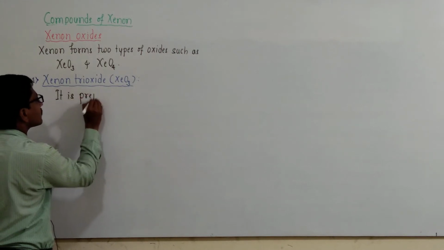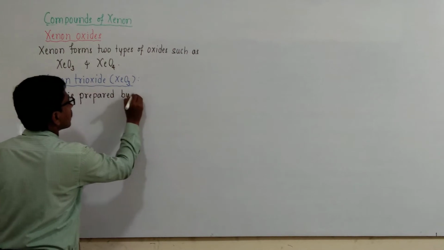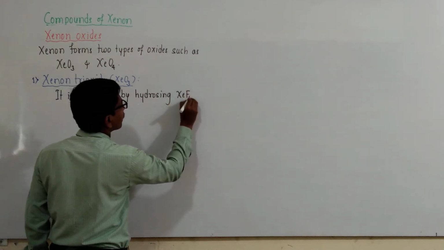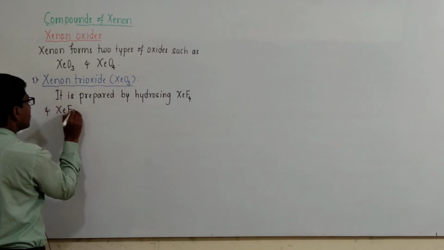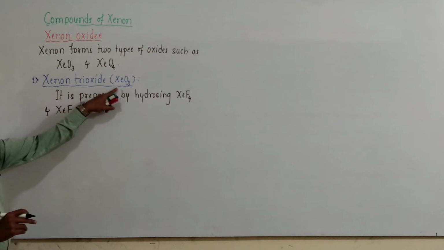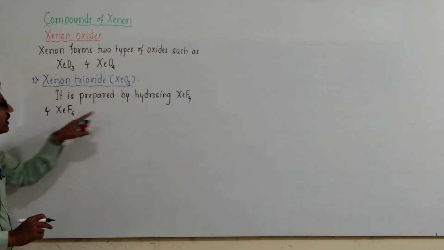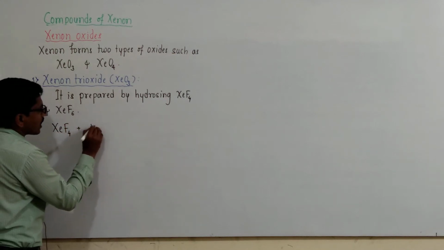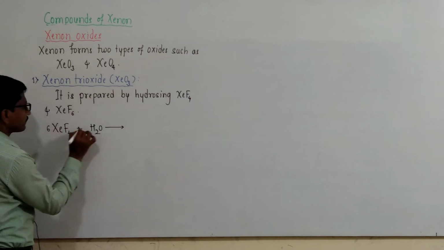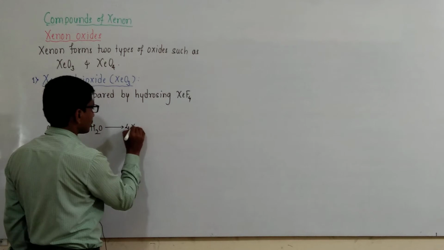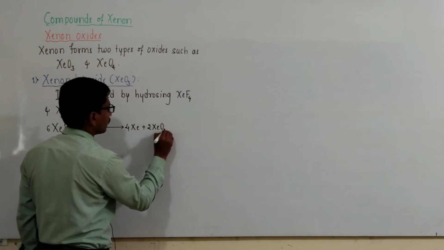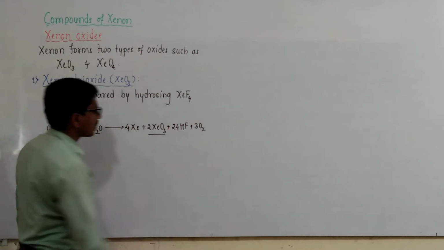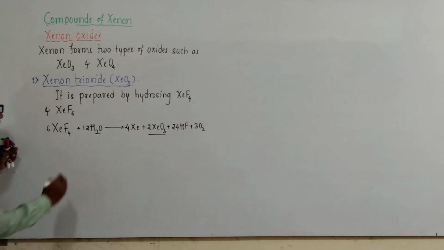Xenon trioxide is obtained by hydrolyzing XeF4 and XeF6, and the first reaction is XeF4 on hydrolysis gives XeO3 plus 24 HF plus 3O2, and this xenon trioxide is obtained by hydrolysis of xenon tetrafluoride.